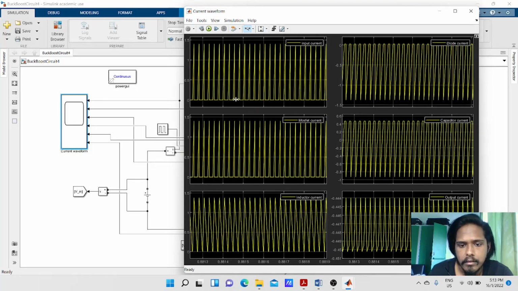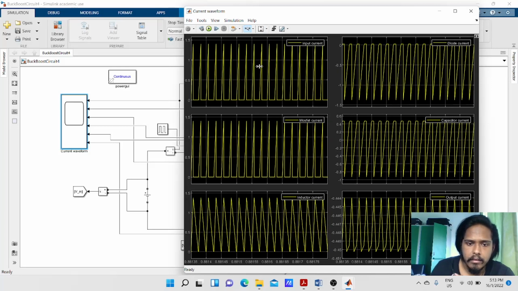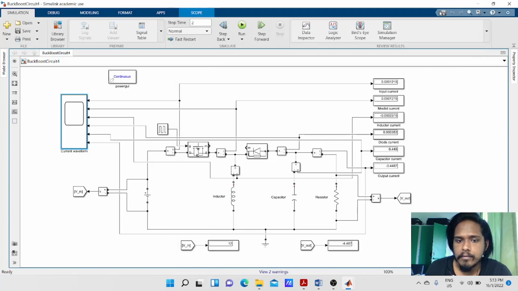So this is the waveform for the current. This is the input current waveform. This is the MOSFET. This one is for the inductor, and this one is the diode, capacitor, and the output waveform. So the input waveform and the output waveform for the current. So that's all from me.